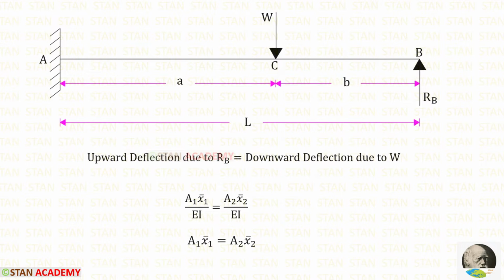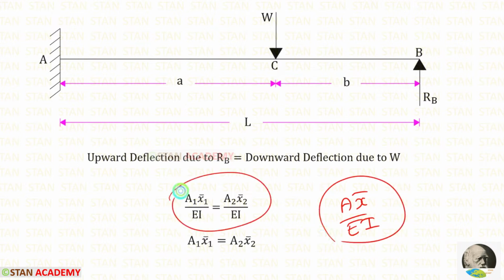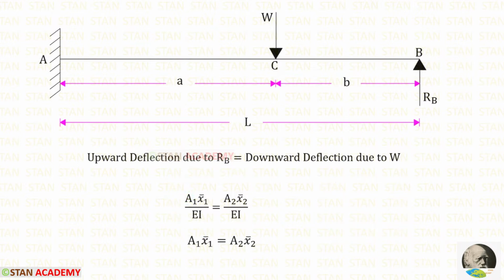The formula to find the deflection in the moment area method is area x bar upon EI. Using this formula, we can make this expression. We can eliminate EI. Finally, we are getting this expression: Area 1 x bar 1 is equal to area 2 x bar 2.